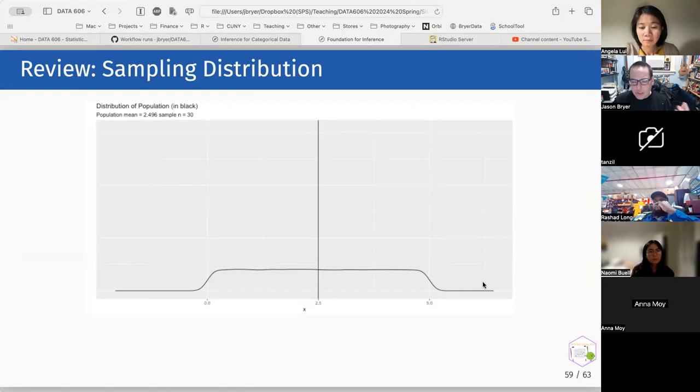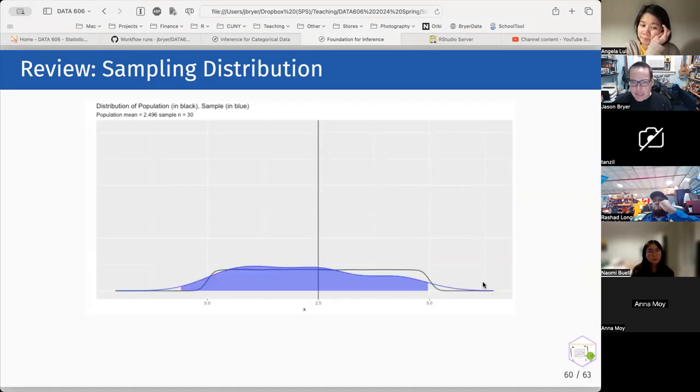So we start with this notion that there's a population out there and we want to know something about it. How do we know something about it? We take a random sample. So here is one random sample of size 30. I shaded this so that the shaded area represents 95% of the values.